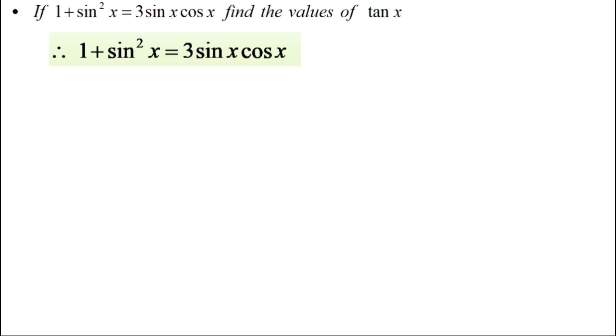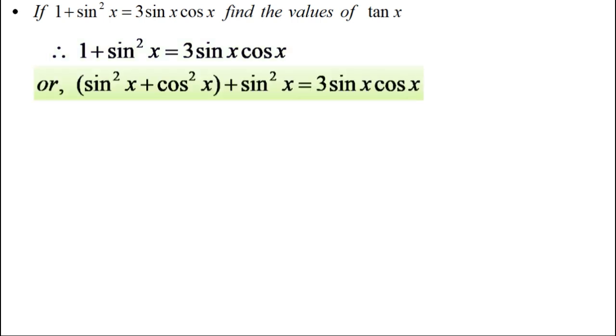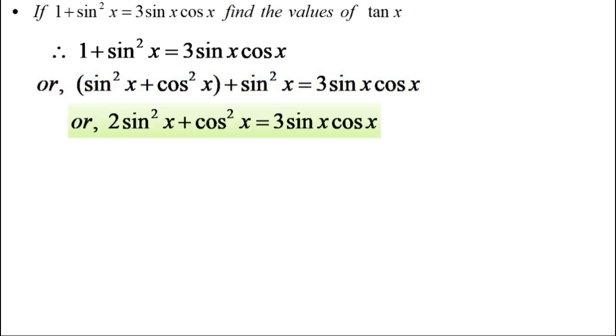Then we write sin square x plus cos square x in the place of 1. Then sin square x plus cos square x plus sin square x equals 3 sin x into cos x, or 2 sin square x plus cos square x equals 3 sin x into cos x.